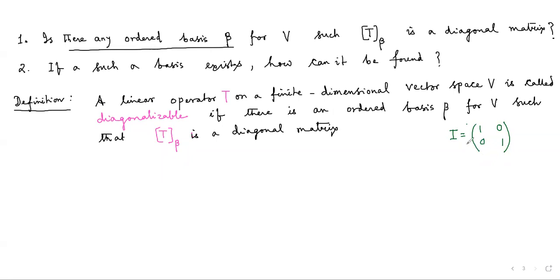But we have never thought of the linear transformation that the identity matrix is associated with. We know that the identity matrix, when multiplied by any matrix, gives you the matrix in return.